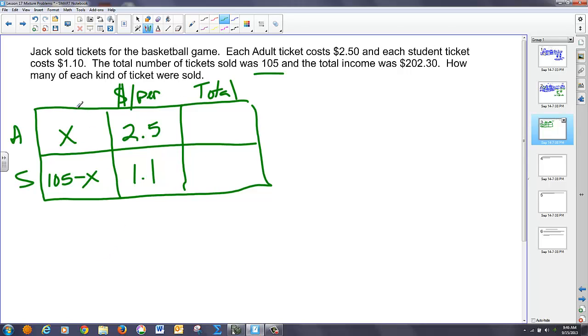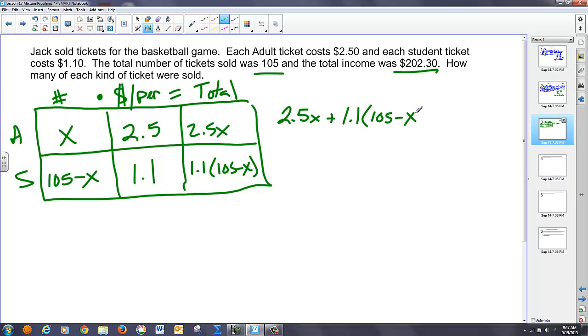So now to get my dollar value, this is the number, I multiply, I get 2.5x, and I get 1.1 times 105 minus x. These two totals in sales go to my total dollar value sold of $202.30. So now I write my equation, 2.5x plus 1.1 times 105 minus x equaling 202.30.